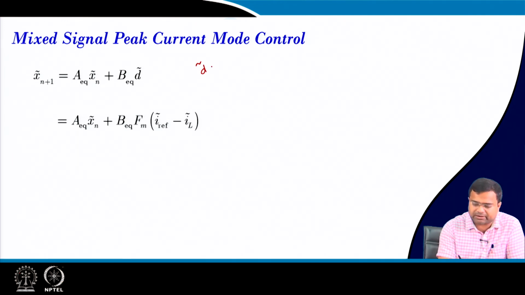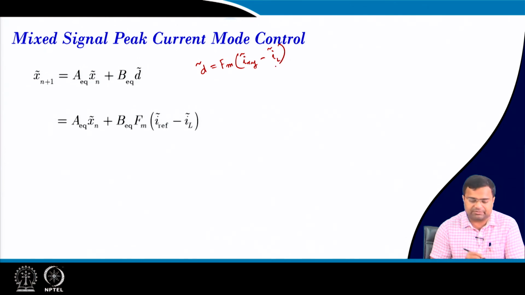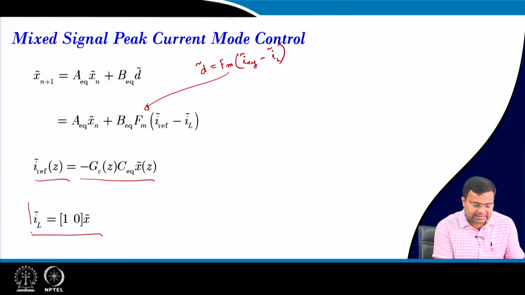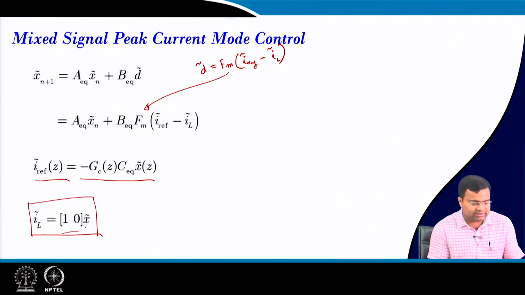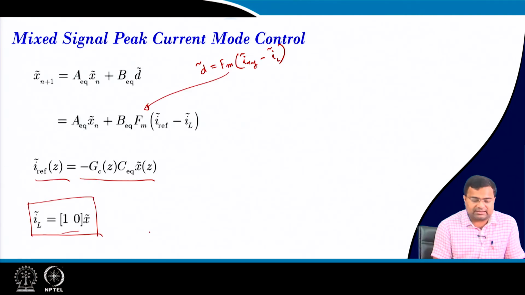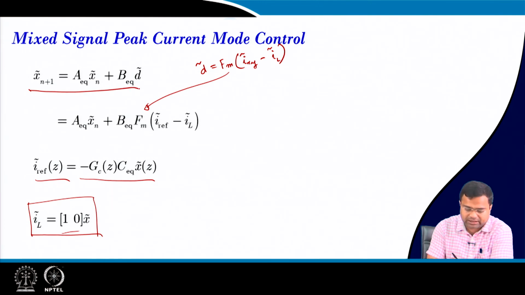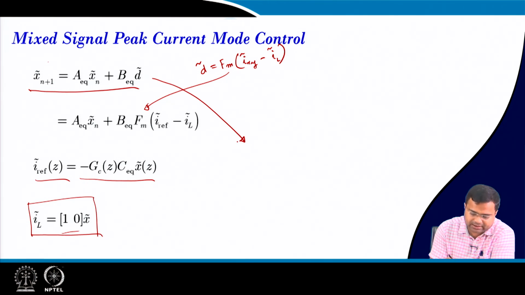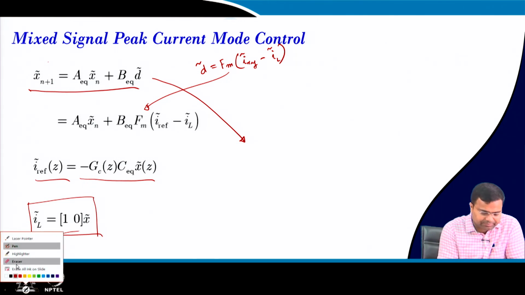We have learned that D perturbation is Fm into I ref perturbation minus IL perturbation, and that we have substituted here. Then I ref we know is minus of this, and what is IL? We know that IL is nothing but the 1 0 matrix into X. So after Z transformation we have to write this. That means if we apply Z transformation on this equation, what we will get, or let us write from the beginning.